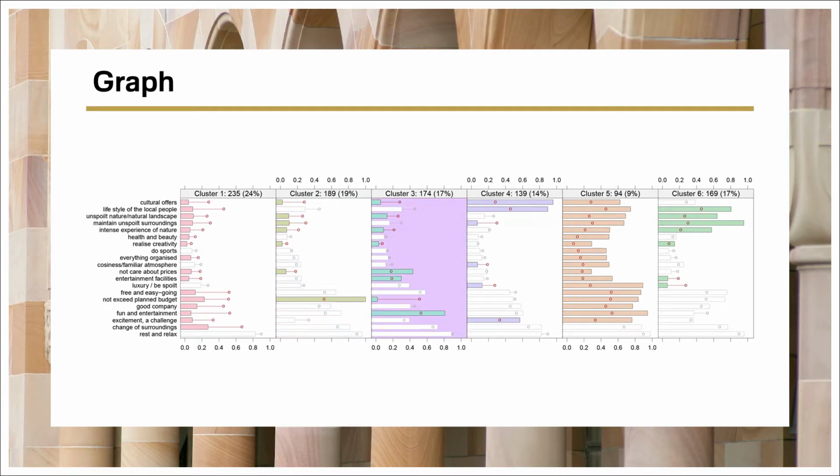Segment 3 wants fun and entertainment and does not care about prices. Segment 4 is interested in culture and locals and likes a challenge. And segment 6 is all about experiencing nature. It seems that a picture does indeed say 1,000 words, or numbers in our case.